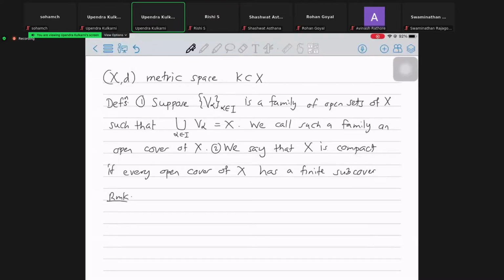You see that this definition is only in terms of open sets and unions. Such a thing makes sense not just in any metric space, but also in any topological space. So you can apply this to any topological space. Likewise, the definition of sequential compactness also makes sense in any topological space, as soon as you define what convergence of a sequence means.